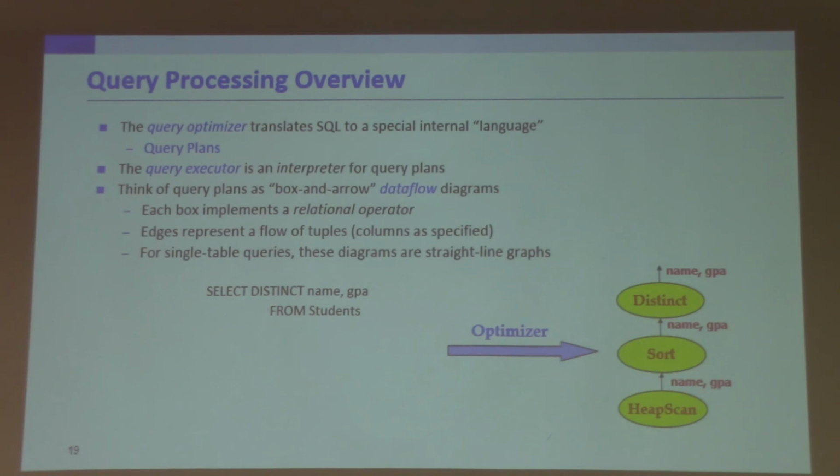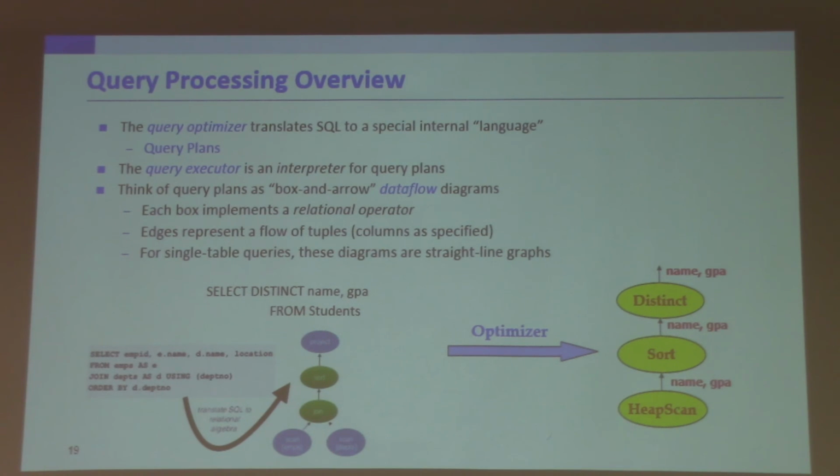Now you can see from this simple example that a query plan is simply like a pipeline process. Right? You start from the heap file and go through different operators, and each operator takes the input and produces an output that will be sent to the input of the next operator. Okay?